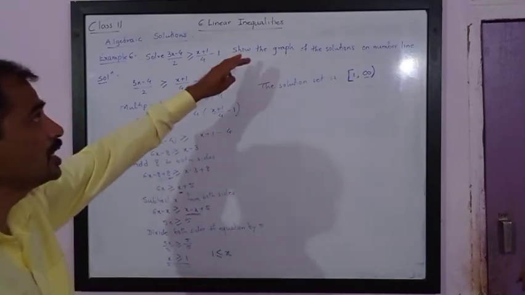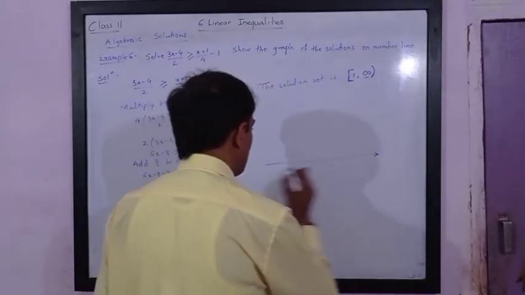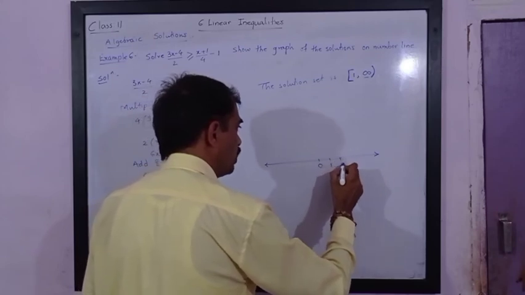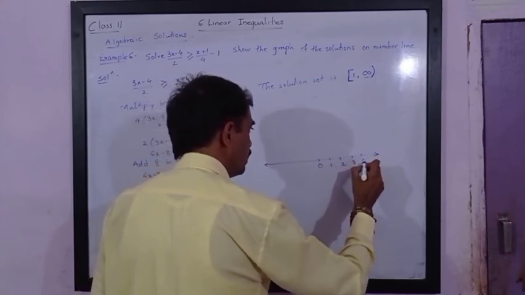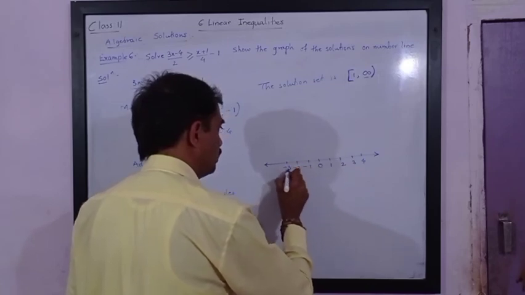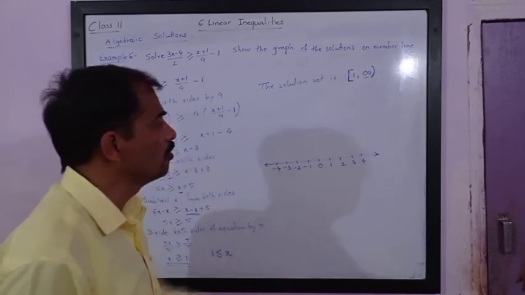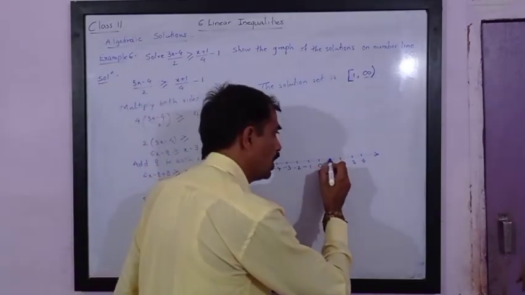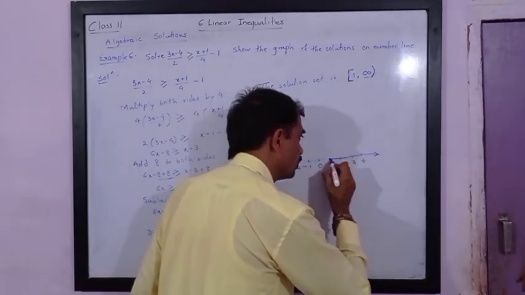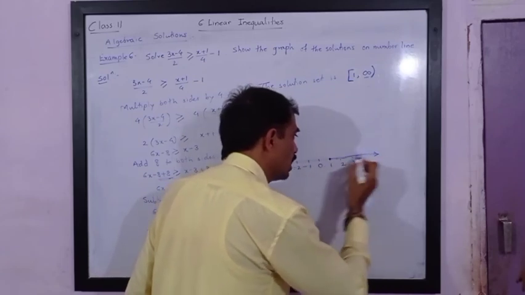Now if you want to represent this on the number line, first let's draw the number line. We know positive integers are plotted to the right hand side and negative integers to the left hand side. x has all the values right from 1 to a very large number. Please note, here x is equal to 1, so we make a circle, but it is bold.